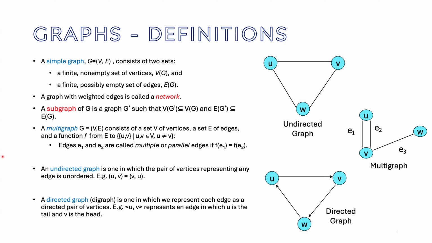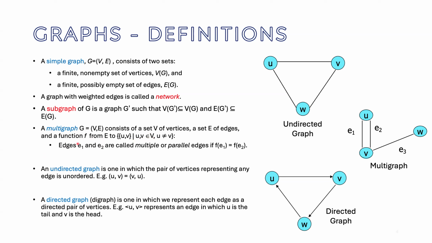A multigraph G consists of a set V of vertices, a set E of edges, and a function f from E to the set of pairs U and V, where U and V are part of the set of vertices and they're different.